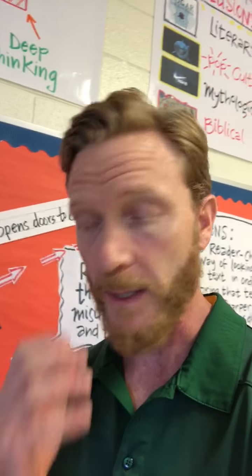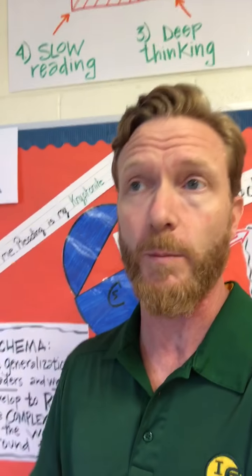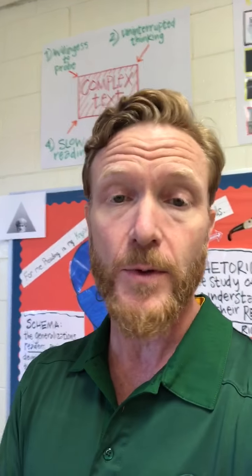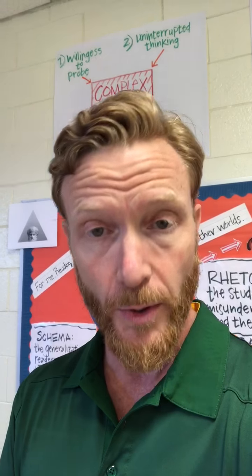Now, the thing to remember about schema when you're reading a complex text is that the author has a schema. The author is working by a generalization or a set of generalizations, and you have your own generalizations by which you understand the subject that the author is writing about. Now, the case where your schema doesn't match the author's schema is the most important.